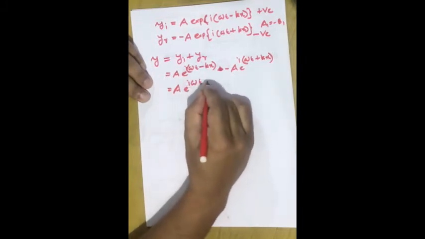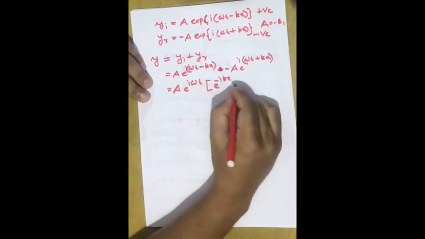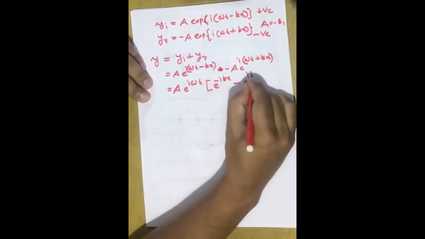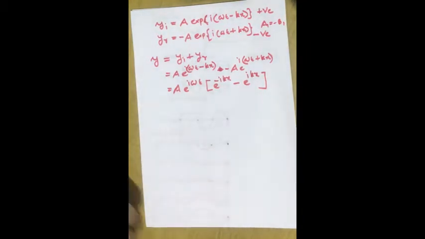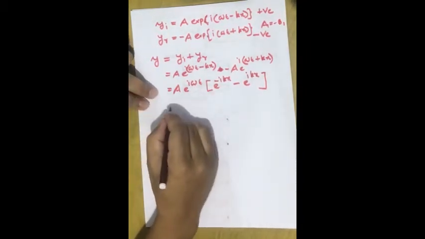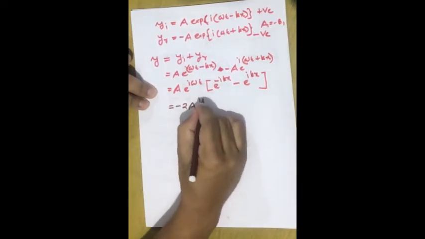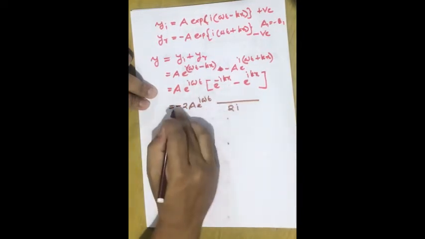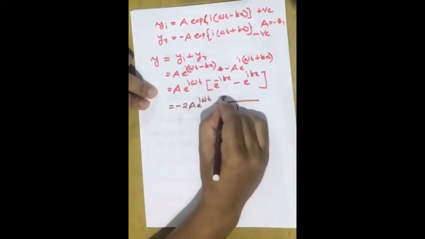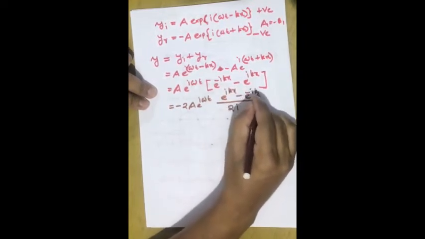It will give us e^{minus ikx} minus e^{plus ikx}, right? We can write it as a sine function. For that, we write minus twice a e^{iωt}, then divide by 2i, and since we are putting minus here, this term will take the first place: e^{ikx} minus e^{minus ikx}.